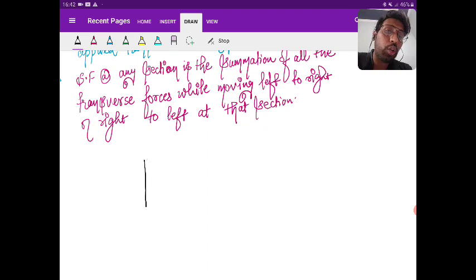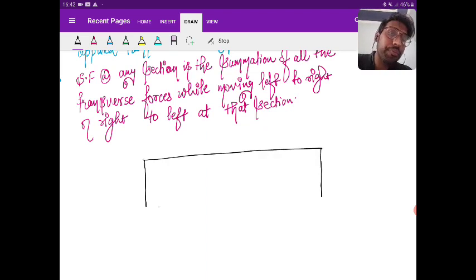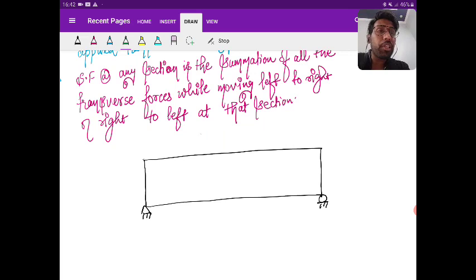If I draw a two-dimensional figure, and this figure is subjected to a vertical load of P and P at a distance of L as shown in the figure.